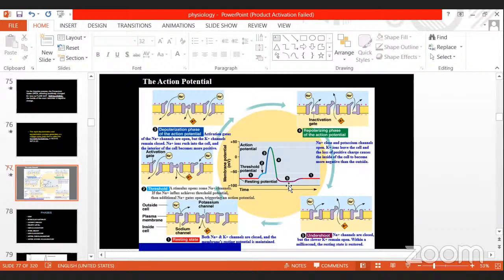Remember, the potassium channels won't close fast; it is a slow closure. The sodium channels are closed, but the potassium remains open. So it has to reach the resting state, but before that it will go below the resting potential, that is known as after hyperpolarization or undershoot.